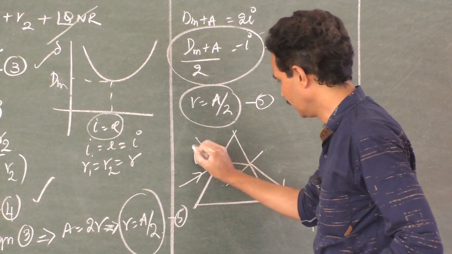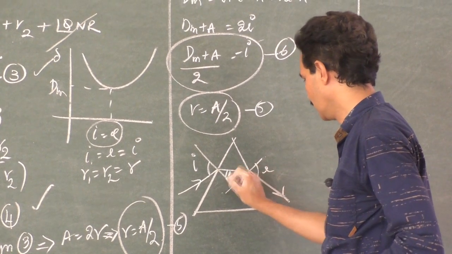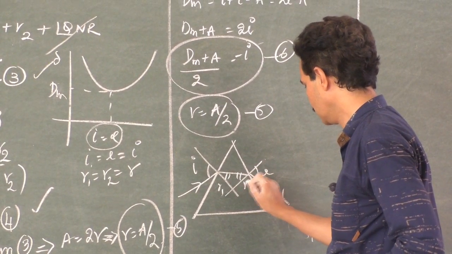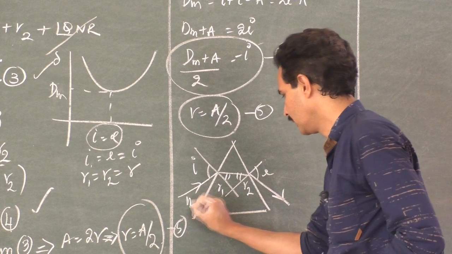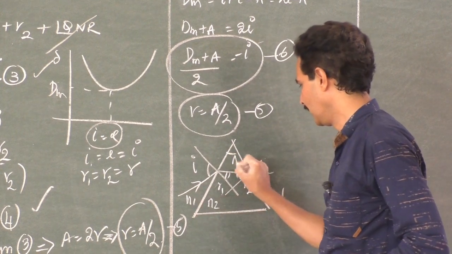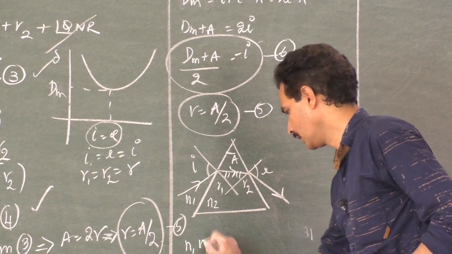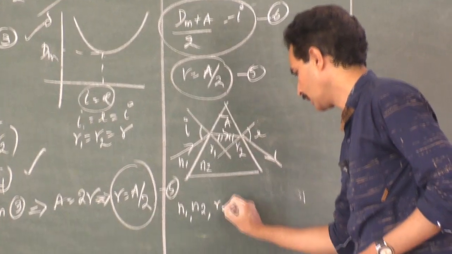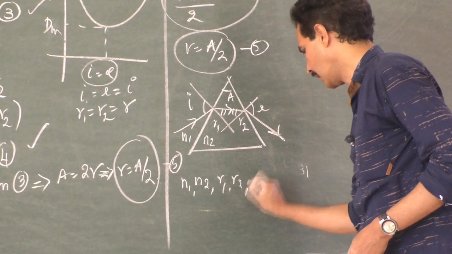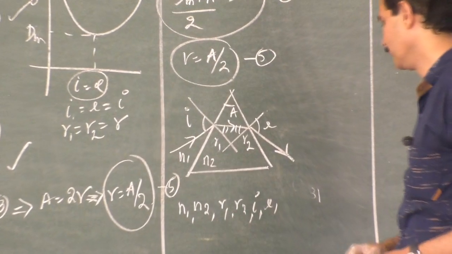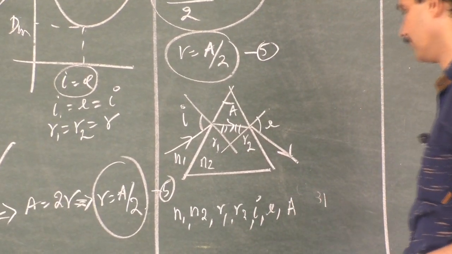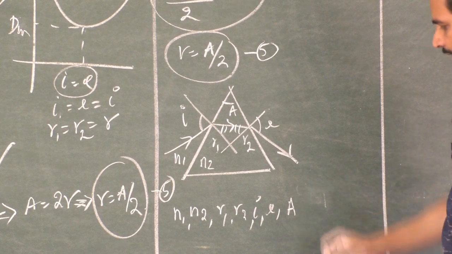This is the normal here. I, angle of emergence E, R1, R2, right? And N1, N2. And this is A. Our aim was to get the relation between N1, N2, R1, R2, angle of incidence, emergence, and angle of the prism. We were able to connect all these things.